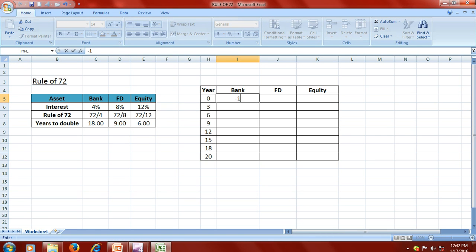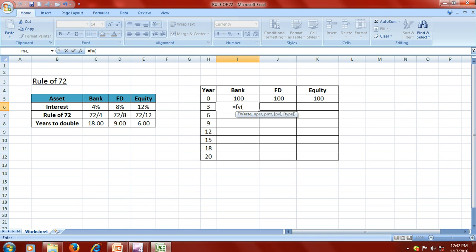Assume you have rupees 100 to invest across these three asset classes. Since it is basically an outflow, you are mentioning -100 as the value. Now we are going to write a future value across timelines. First let's write a function for bank account.